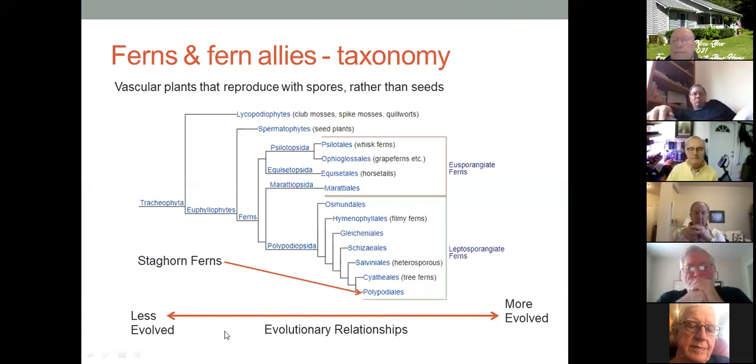Looking from left to right, there's an assumption by plant taxonomists that the farther out you go into this tree, the more advanced and more recent in time is the interpretation.